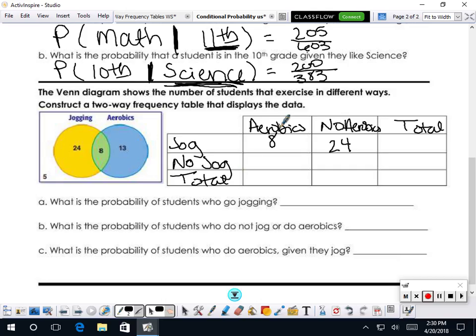Okay, the people who do not like to jog but do like to do aerobics is going to be 13. And then no jog or no aerobics is going to be 5, the ones outside of the circle.